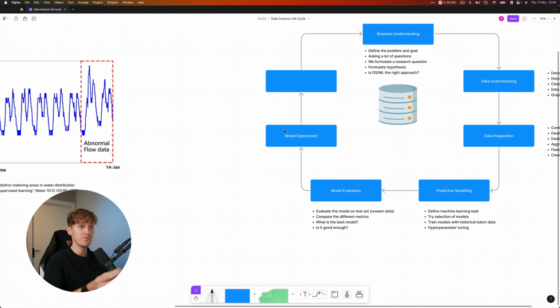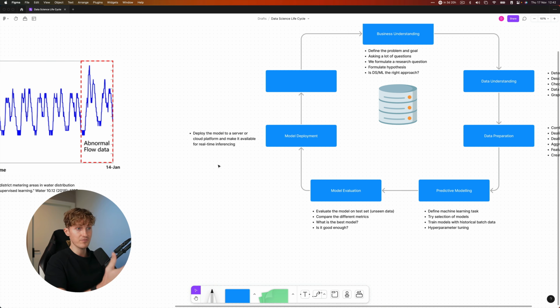And the model deployment phase is the phase in which we realize this scenario. So what we do during this phase is we deploy the model to a server or cloud platform and make it available for real-time inferencing. And in most large companies, this is a whole separate role. So this is not something a data scientist would typically do, but a data scientist would work together with a software engineer or machine learning engineer or DevOps engineer.